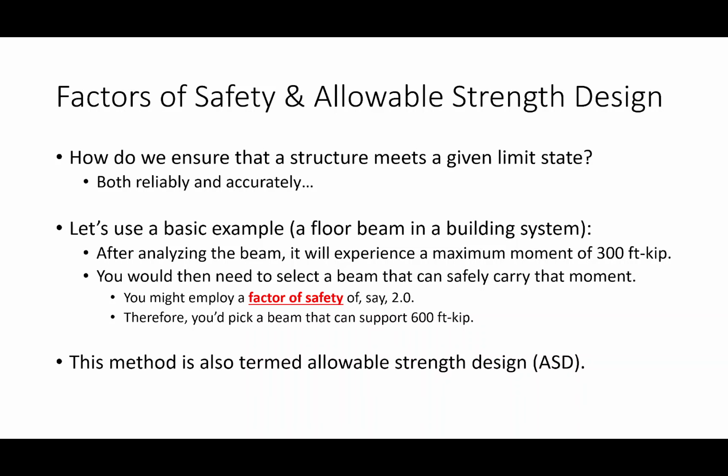Now, I'm talking about that with resistances. I could very easily flip the script and talk about loads. I could say, I want to sell a table that holds up 400 pounds, so I'm going to design that table to hold up 800 pounds. I could either magnify the loads or decrease the resistances. The effect is the same. It's the same idea.